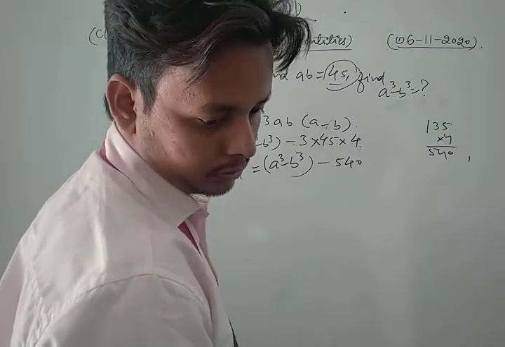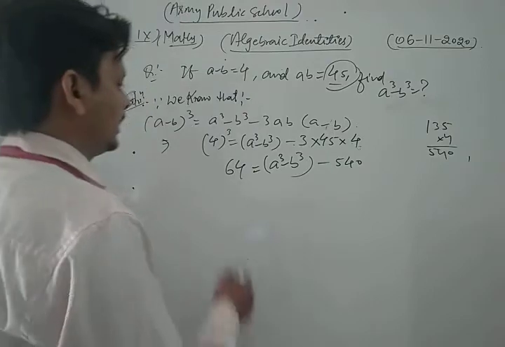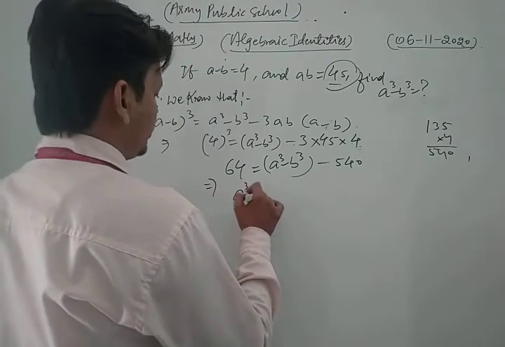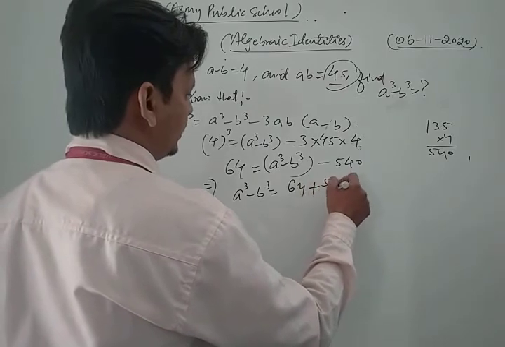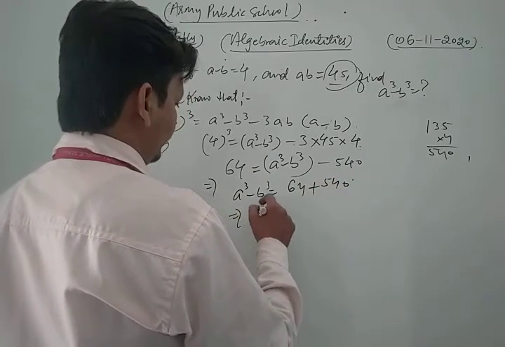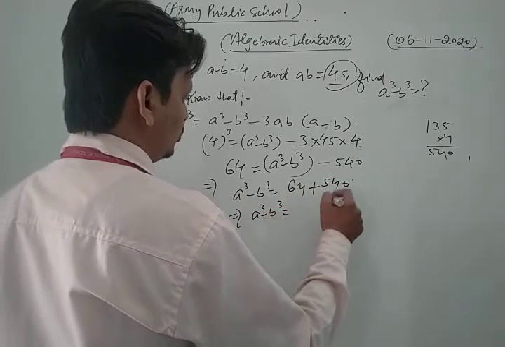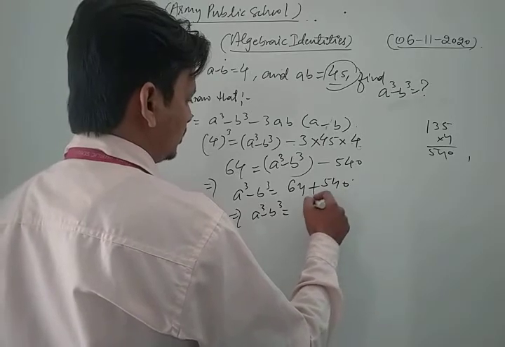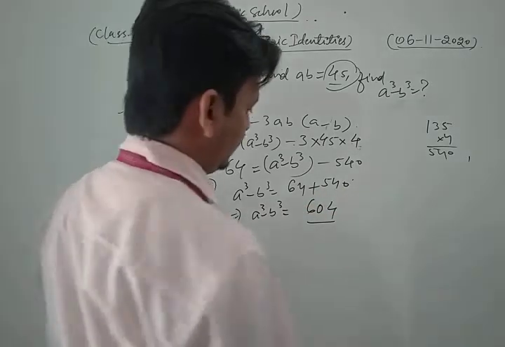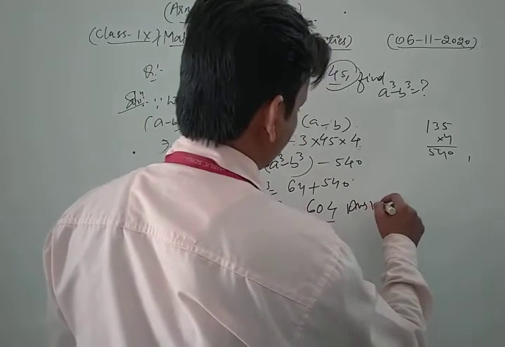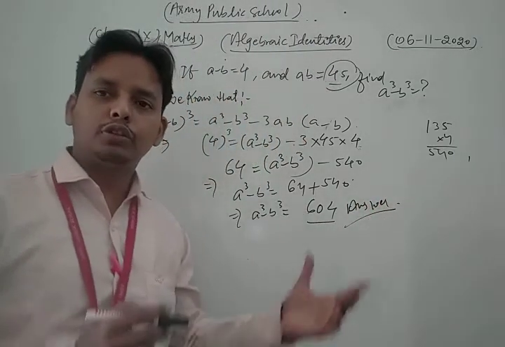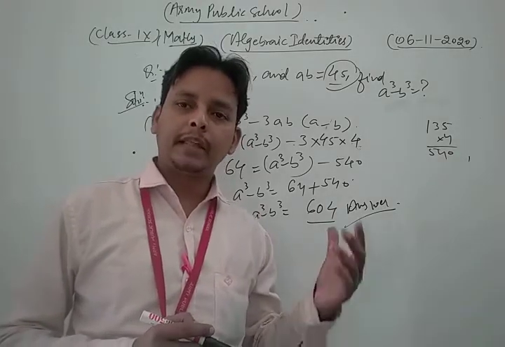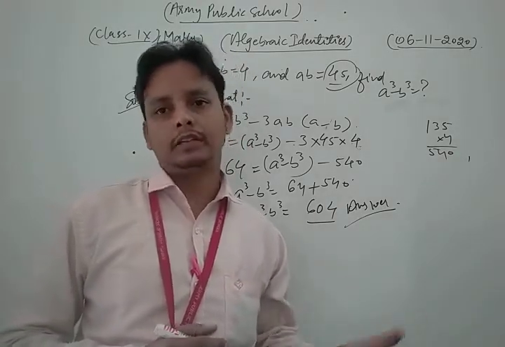Now look, we can write here, students, the value of a cube minus b cube is equal to 64 minus 540, transfer that side, so plus 540. Now the value of a cube minus b cube is equal to 604. This is our required answer. Thus, dear students, in this way you apply the algebraic identities and solve that type of questions.